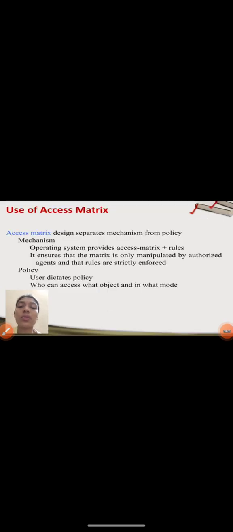Use of the access matrix: the access matrix design separates mechanism from policy. Mechanism: the operating system provides the access matrix plus rules. It ensures that the matrix is only manipulated by authorized agents and that rules are strictly enforced. Policy: users dictate policy, who can access what object and in what mode.